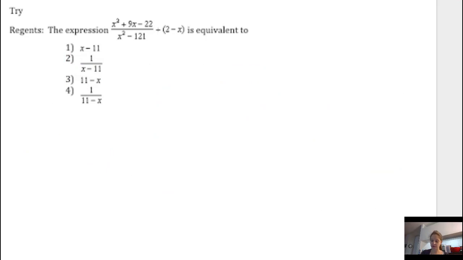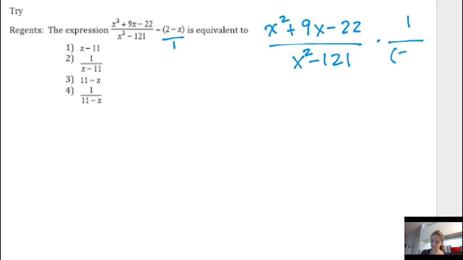Alright, so the first thing I'm going to do is rewrite this division as a multiplication problem. We keep the first rational expression as is, and multiply by the reciprocal of the second expression. And now I will factor completely the numerator and denominator.